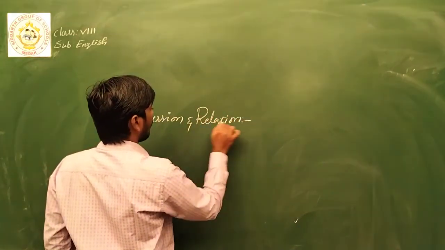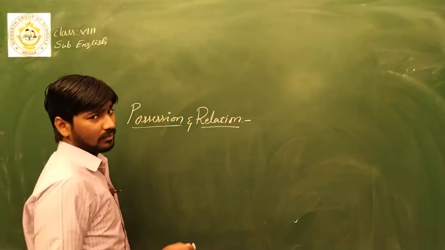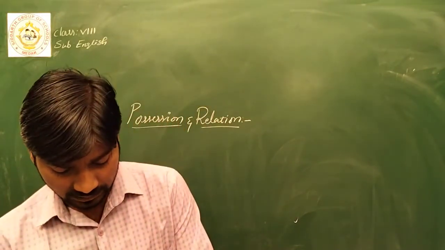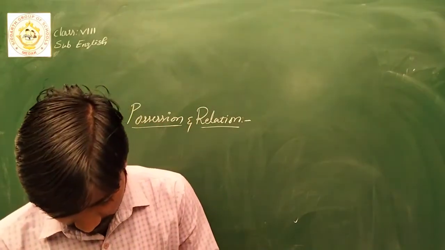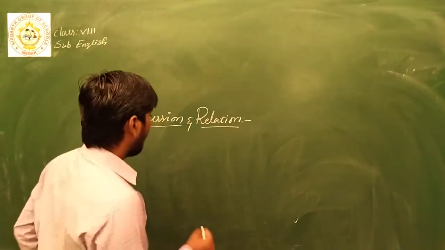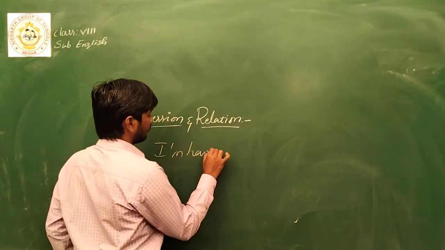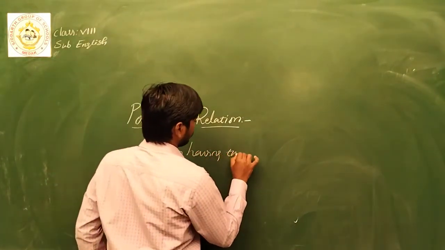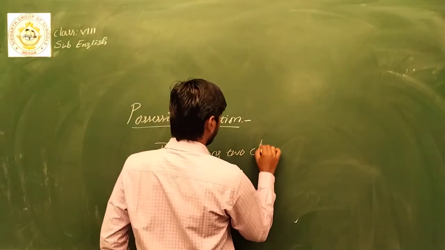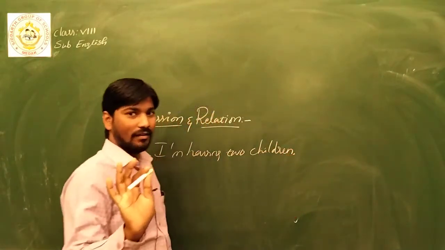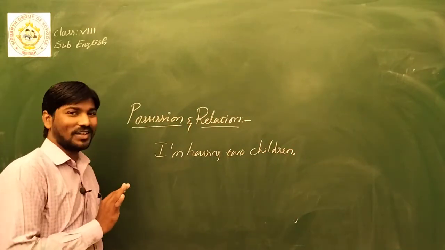Same example, actually I already gave you. The same example I'm going to give you here, which I discussed previously. I am having 2 children. I didn't have, but I just give an example.